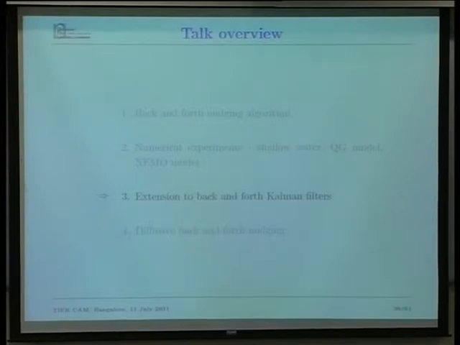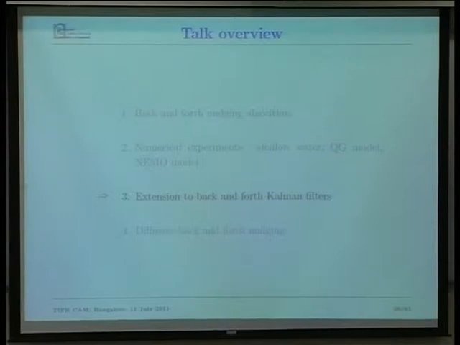So what we have done for nudging, we can imagine doing the same for almost any Kalman filter. Because the idea is to use the model and then correct with feedback to the observations, so either a nudging term or a Kalman correction term, we can imagine doing the same in backward mode and iterate.